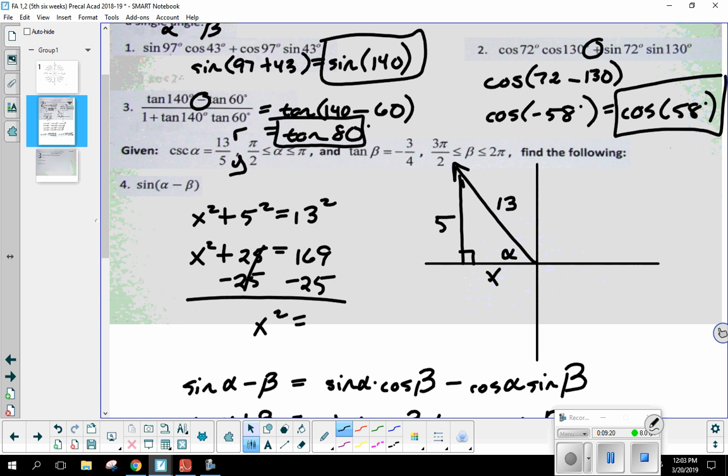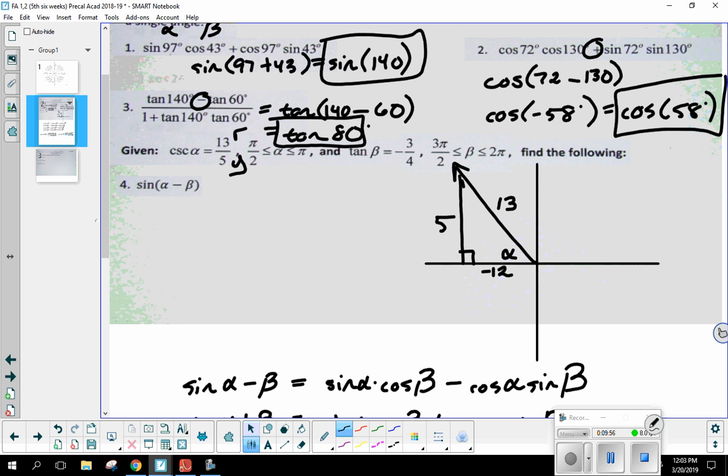So x squared is equal to 144. How do I get x out of x squared? Square root it. There we go. So it is 12. Now there is something I'm missing. Why is it minus? Because this is left of the origin, so that means that the 12 would be negative. There we go. Okay. So good.